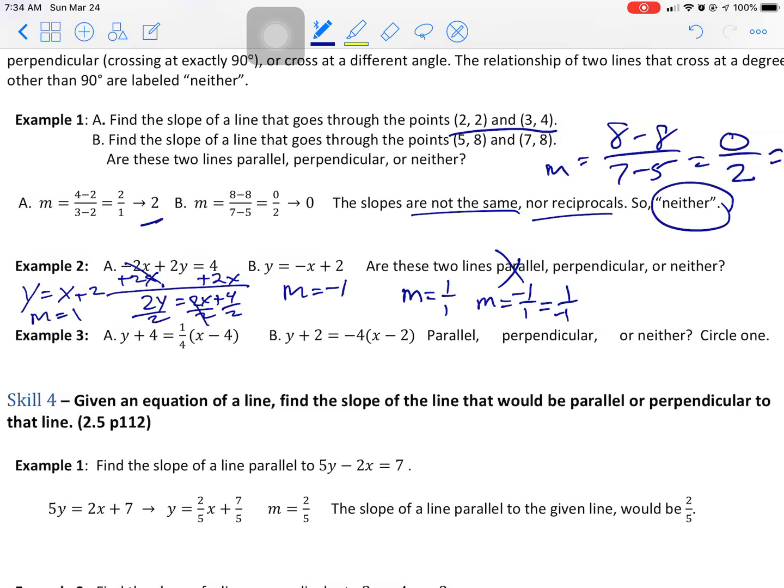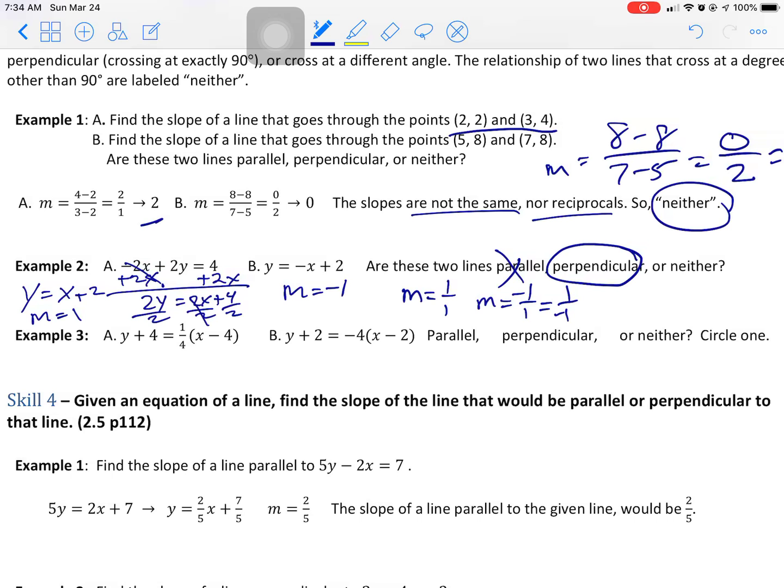So -1 is a reciprocal and opposite, so these are perpendicular. One's a hard one, that's why I put it in there. A -1 is over 1, right? Whole numbers are over 1s.